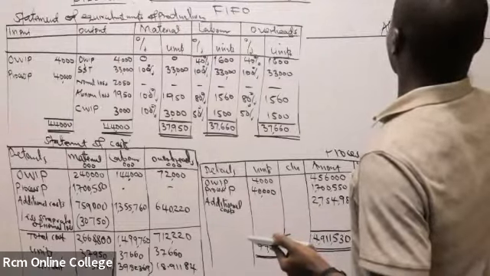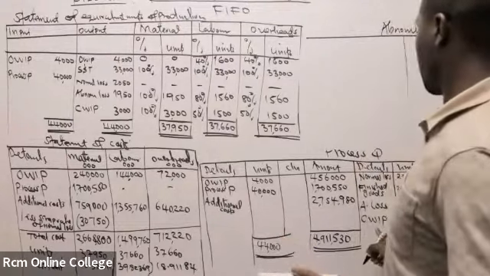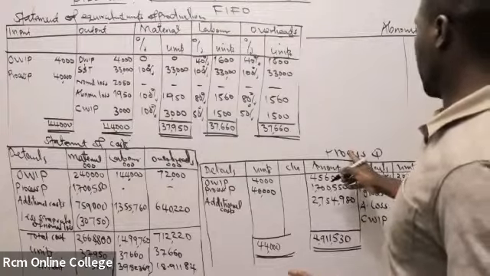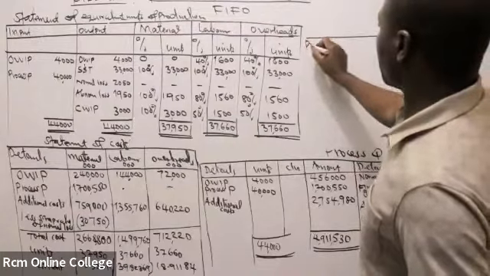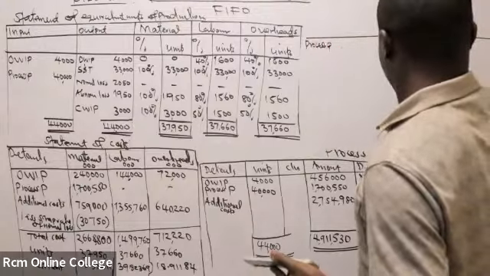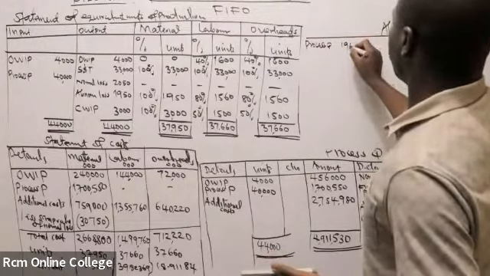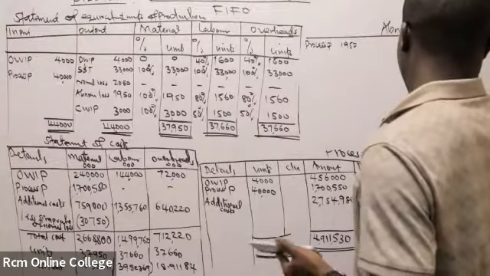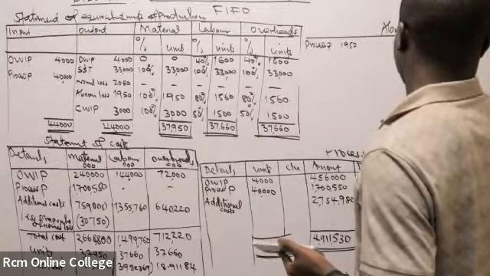Abnormal loss. Where is it recorded? On the credit side of the process account. So we debit process Q. We are talking about how many units? 1950. And the value is 228.